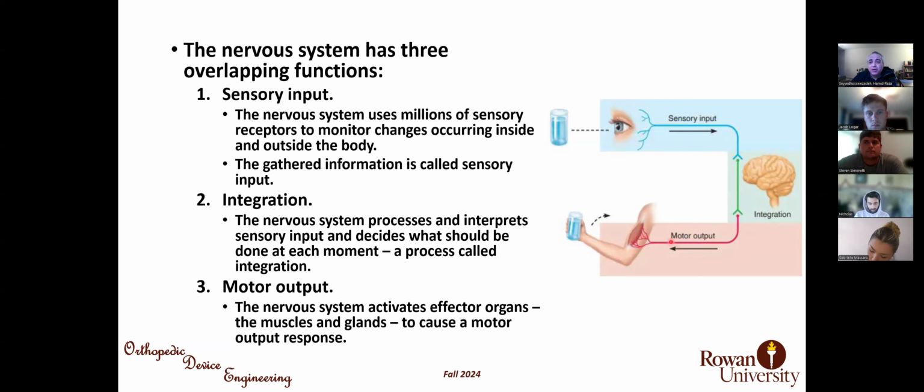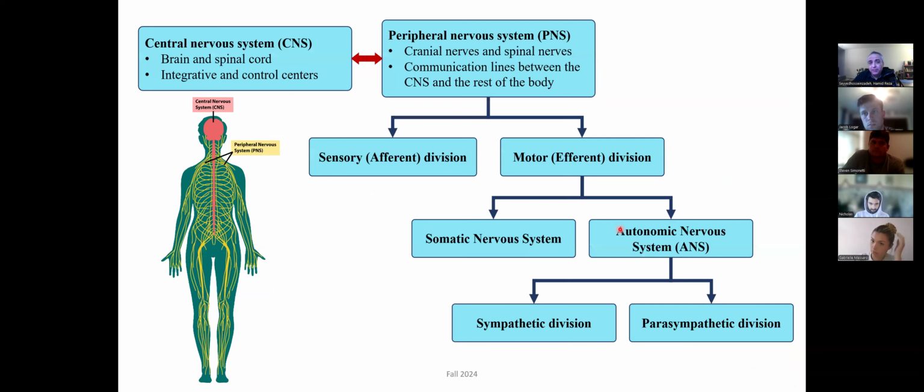We call this response a motor output. So a sensory input enters the brain, is processed, and the response is sent as motor output to the effector organs. The effector organs are usually muscles. Anything you do is performed by your muscles. That is why the nervous system is so integrated with the musculoskeletal system, because without the nervous system, your musculoskeletal system doesn't work.